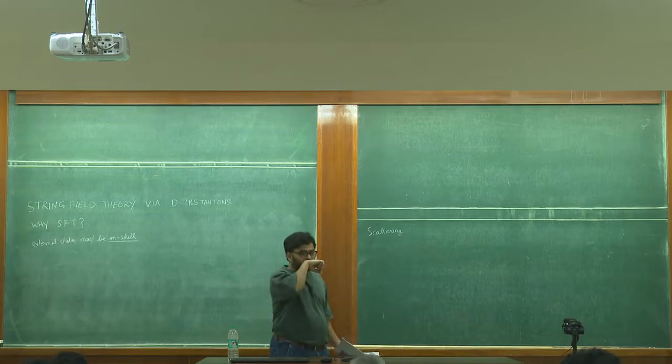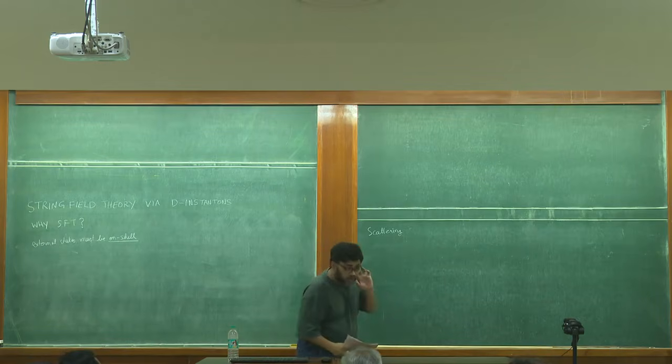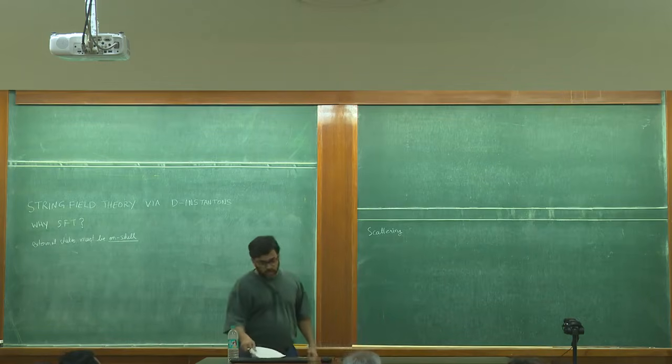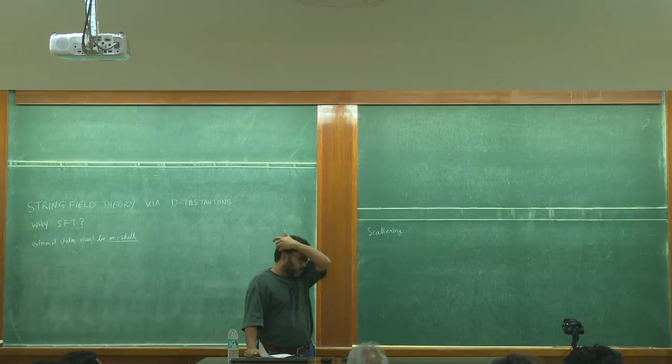Fundamentally, sometimes it is quite useful to think of the low energy effective action, where you expand out these scattering amplitudes in a derivative expansion. Is there a way to somehow carry that out in string theory?